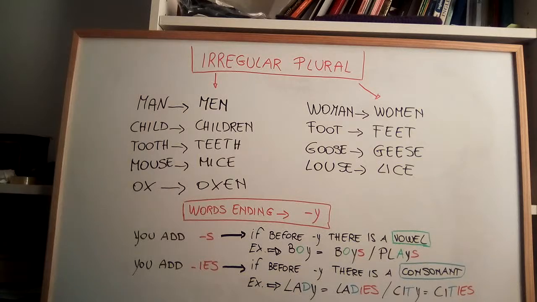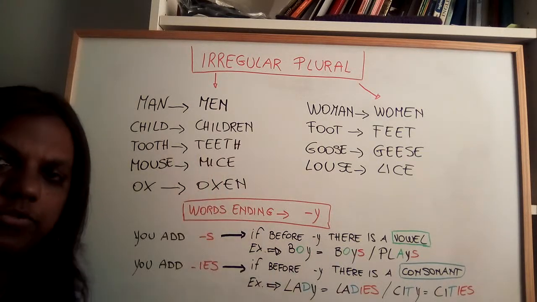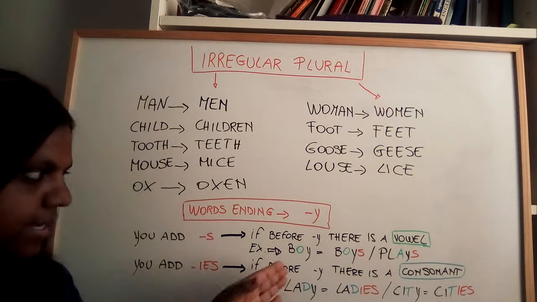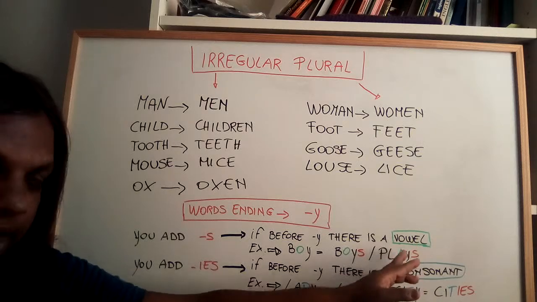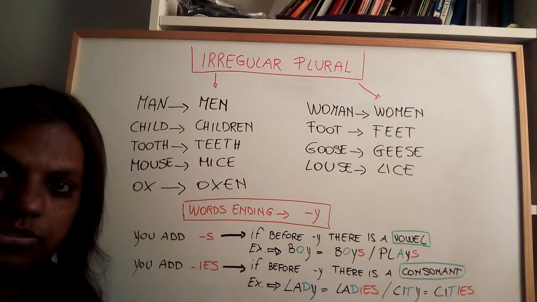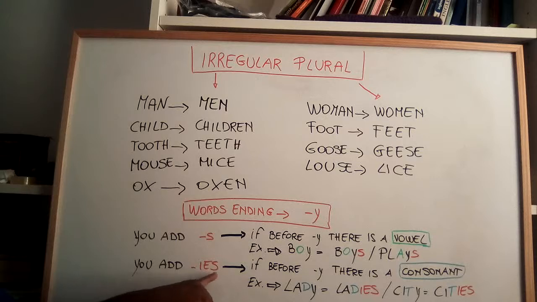Simple as that, it is the general rule, where it says that you have to add s to make the plural. Here, if there is a vowel before the y, you simply use the general rule, so you add s. But if there is a consonant before the y, you add ies.